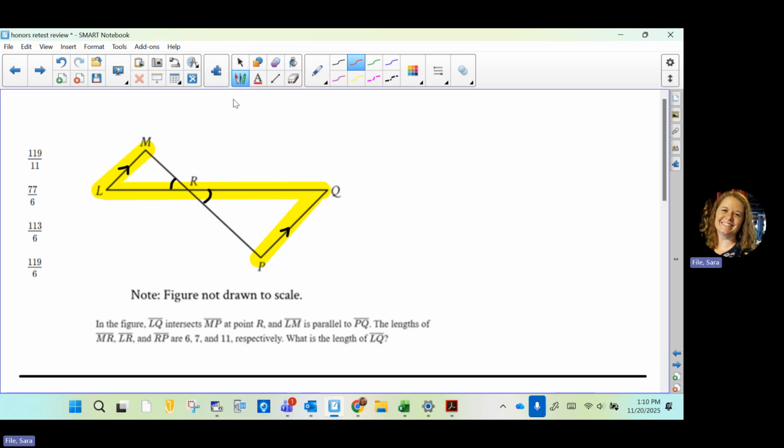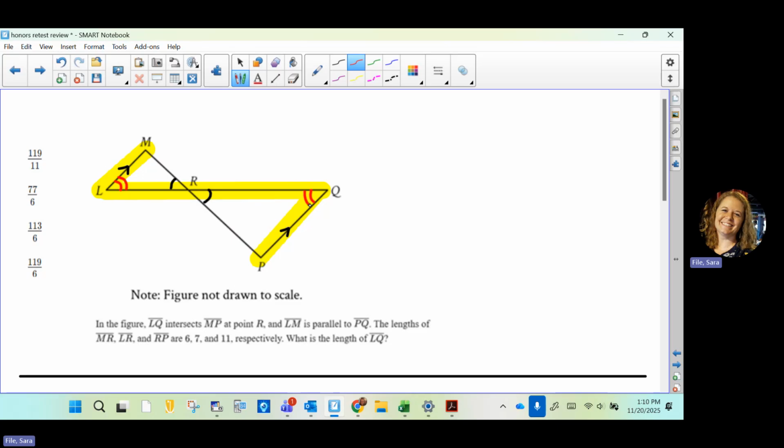In this case, when we're dealing with triangles, this creates a Z shape. This one's a backward Z, but it's still like a zigzag. When you create this zigzag between parallel lines, those interior angles are congruent. So L and Q are congruent.